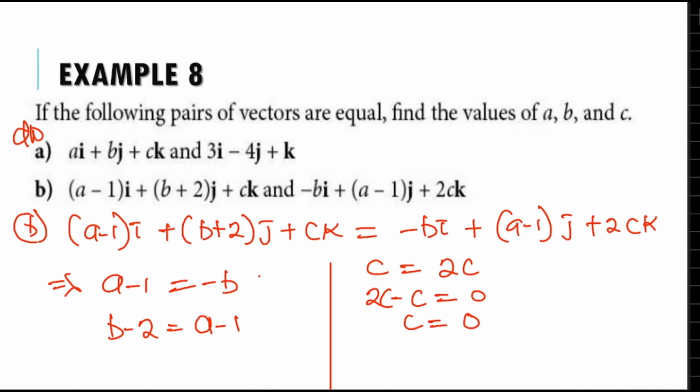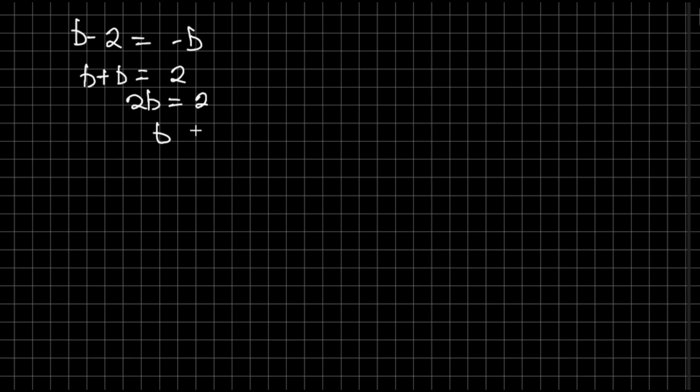If we substitute minus b for a minus 1 in the second one, we're going to have b minus 2 equals minus b. So b plus b equals 2, 2b equals 2, so b equals 1.